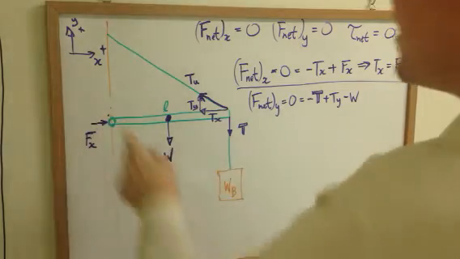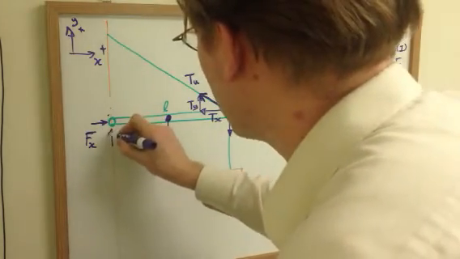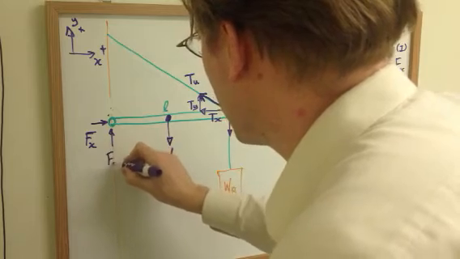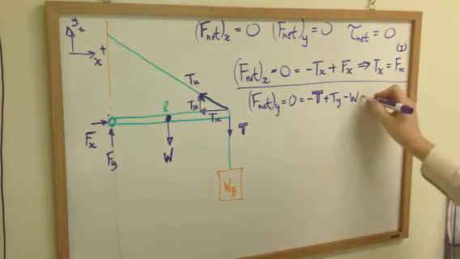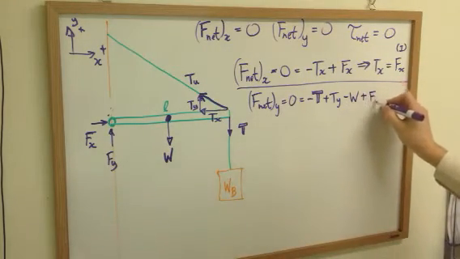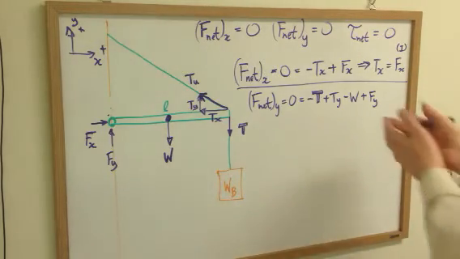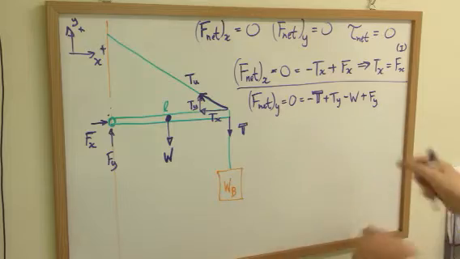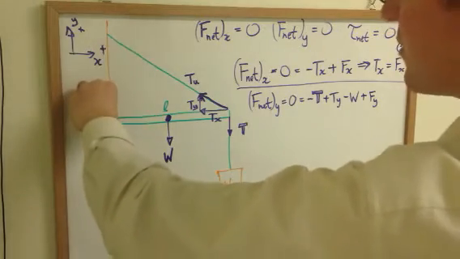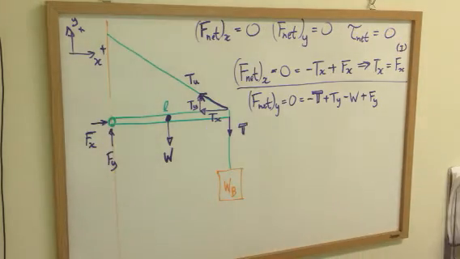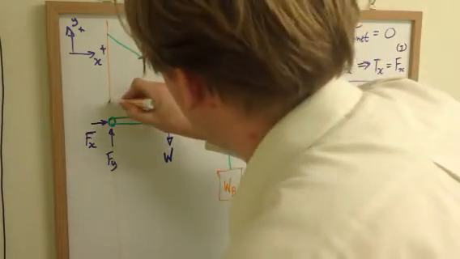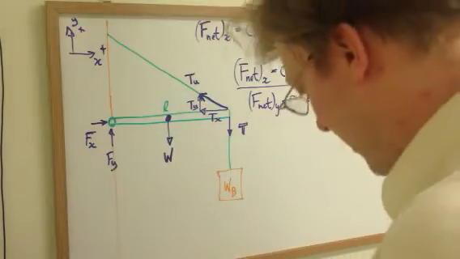Because if this ends up being negative, then I know it was actually downwards. That allows me to put a plus Fy here so that if I ever solve this equation and it ends up negative, I know that this was actually turned the other way. So I would say unknown forces aim in the positive direction when in doubt.